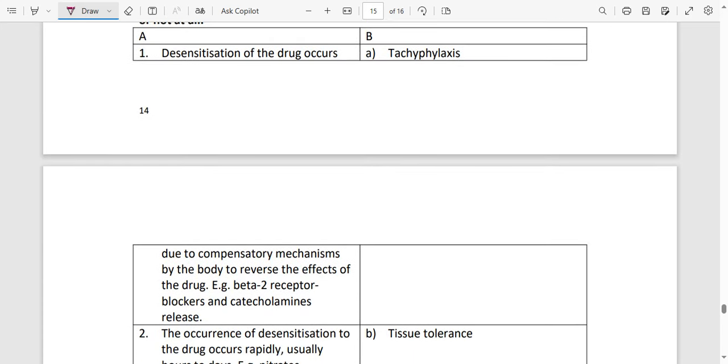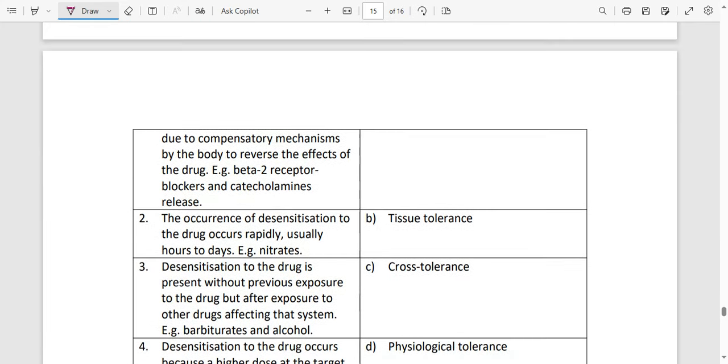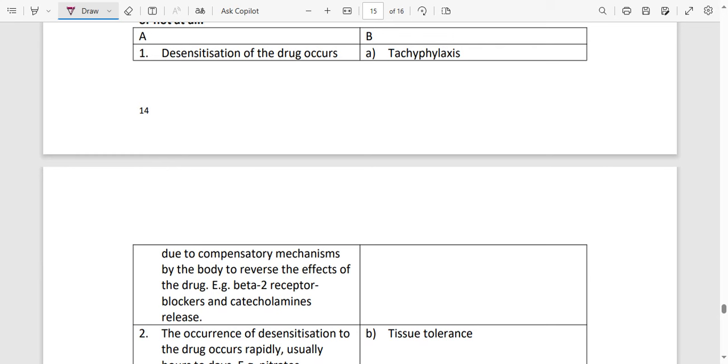Desensitization of the drug due to compensatory mechanisms by the body to reverse the effects of the drug, e.g., beta 2 receptor blocker and catecholamines. Remember, desensitization of the drug occurs due to compensatory mechanism by the body to reverse the effect. So what do you think that is?